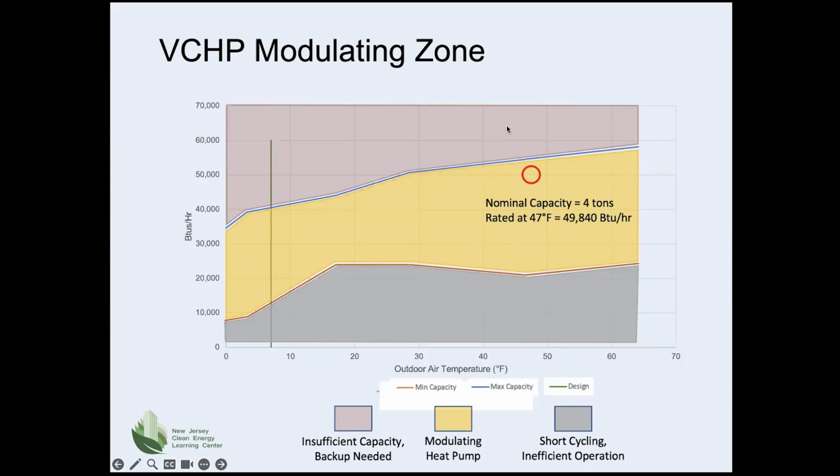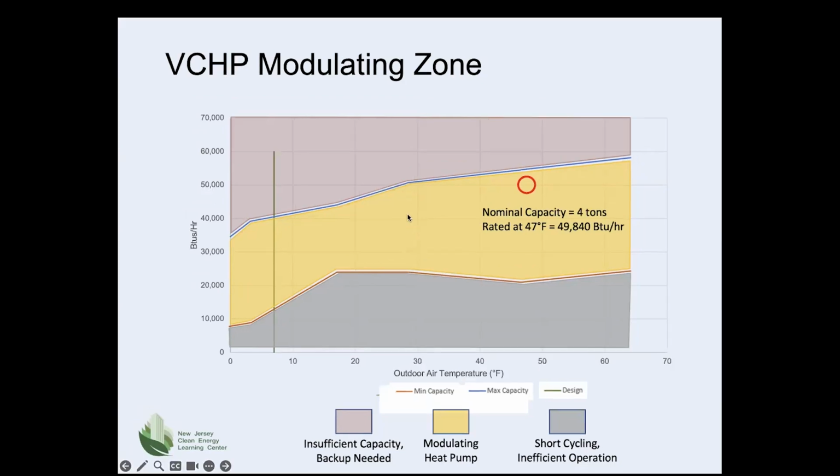The lower bar, represented with this red colored line, represents the modulating turn down rate. In other words, how low a capacity this heat pump can operate and still be efficient. And then the modulating range would be everything in between its maximum capacity and its minimum capacity.